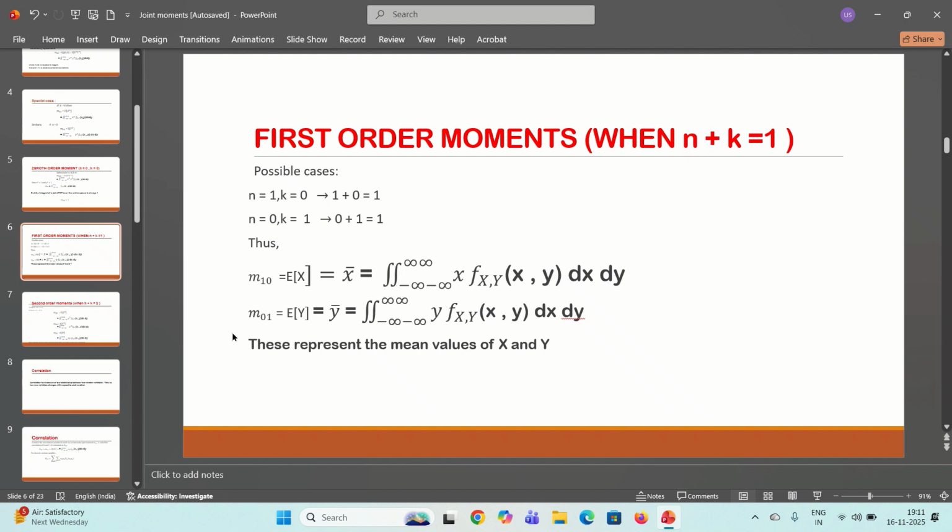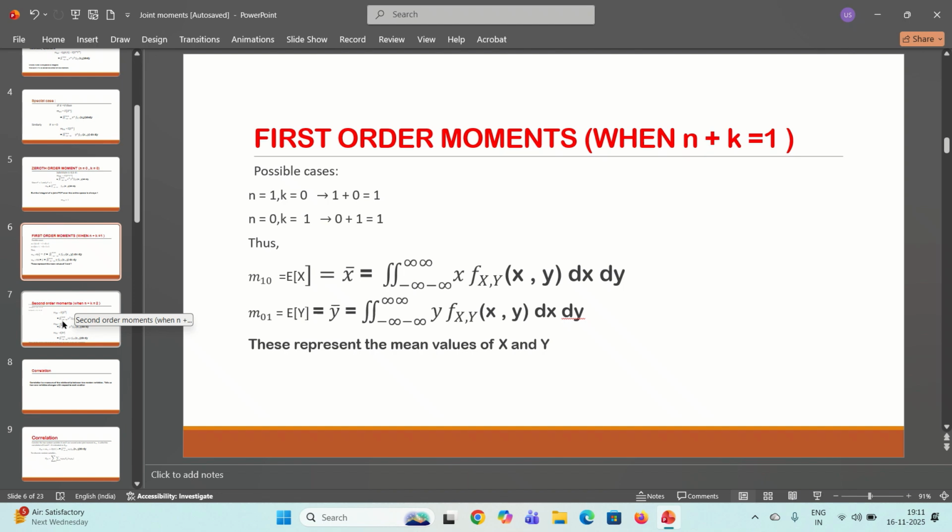Next case is M01, that is represented as expectation of y. Expectation of y is known as the mean of y, that equals double integral from minus infinity to infinity of y along with the joint density function. These represent the mean values of x and y.